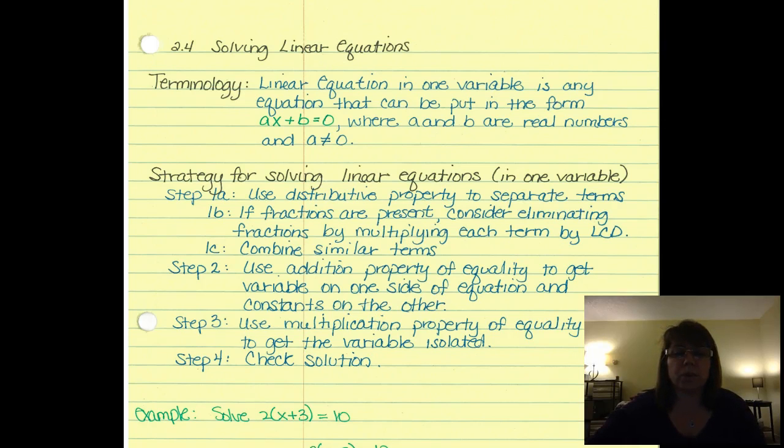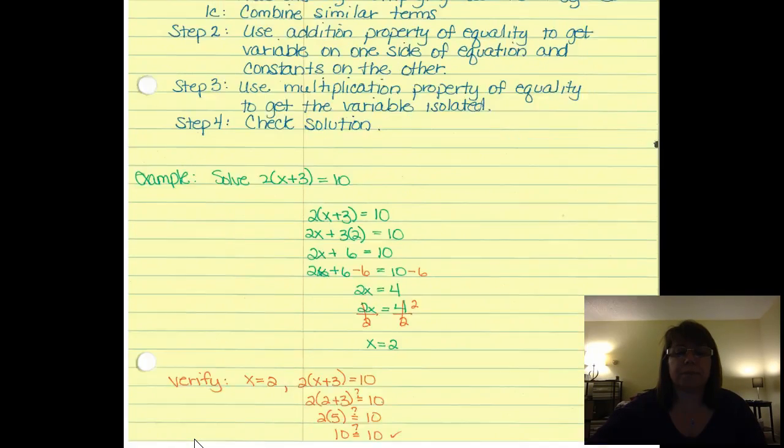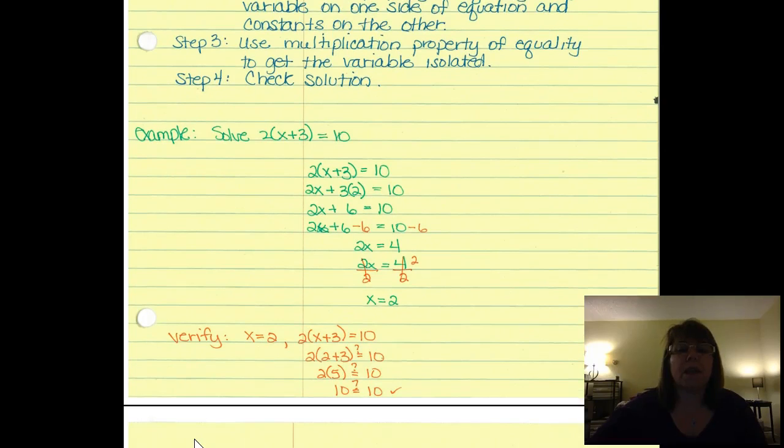So let's work through an example. We're going to solve 2 times the quantity x plus 3 equals 10. Following our guidelines, we're going to distribute the 2 to our x as well as the 3 on the left-hand side. So we have 2x plus 3 times 2 equals 10. Let's do the math of 3 times 2.